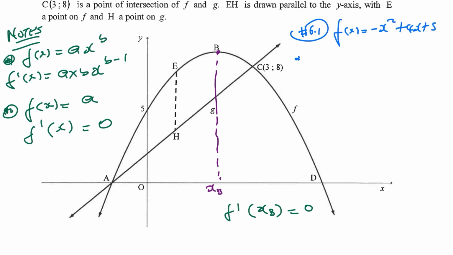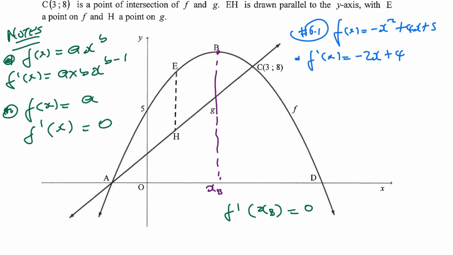So the first derivative of this is going to be what? It's going to be negative 2x to the power 2 minus 1, which is just x to the power 1. So you're going to have negative 2x, okay? Plus 4, and the derivative of 5 is a constant, so it's going to be 0.